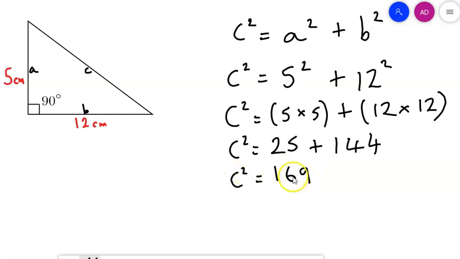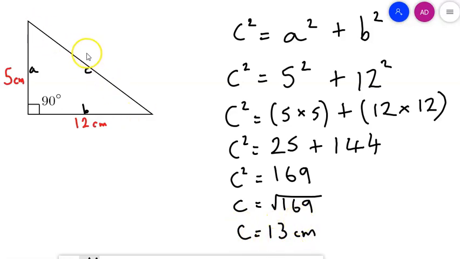Now that's c squared. So in order to calculate the length of c, we need to find the square root of 169. So c is the square root of 169, which is 13 centimetres. So this side here is 13 centimetres.